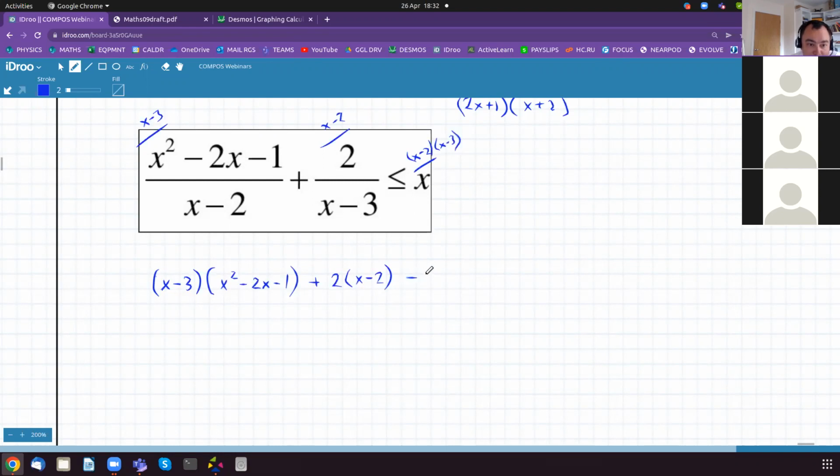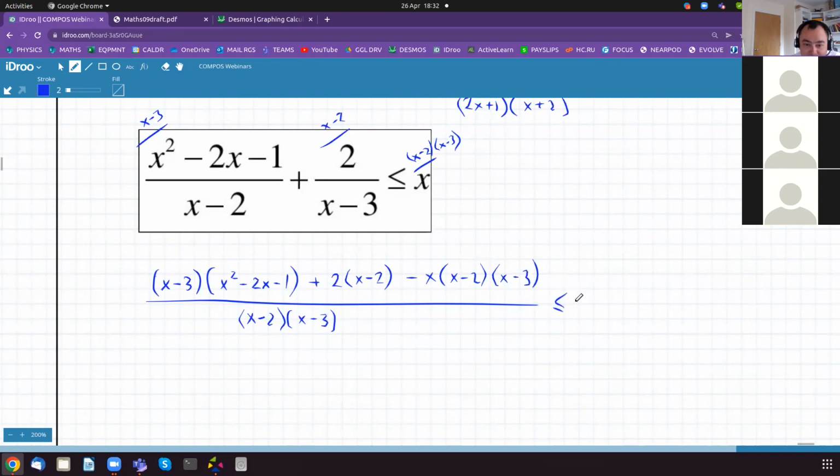Minus 2 minus x, x minus 2, x minus 3. We don't have a cubic term, which is very lucky, because cubic terms are generally not nice. x minus 3, and this is less than or equal to 0.